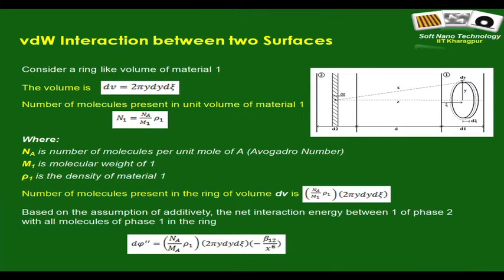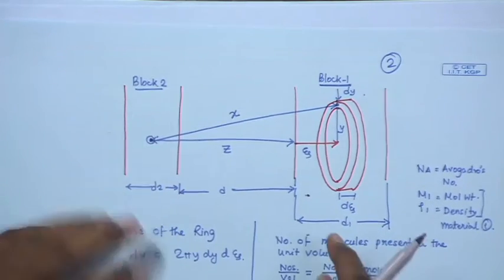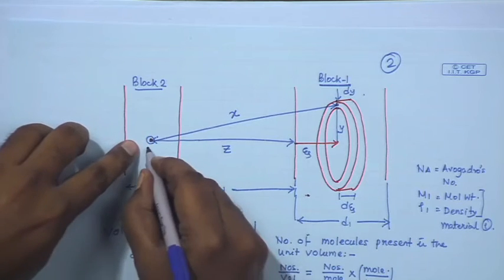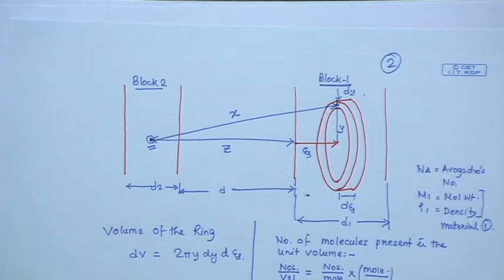Now, what we have is essentially the assumption of additivity. What we find out at this point is the interaction of one molecule in block 2 with all molecules of block 1 present within the ring, right.